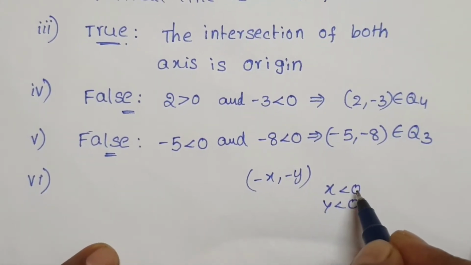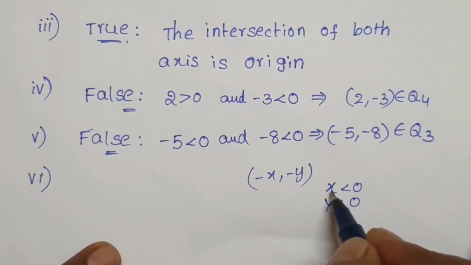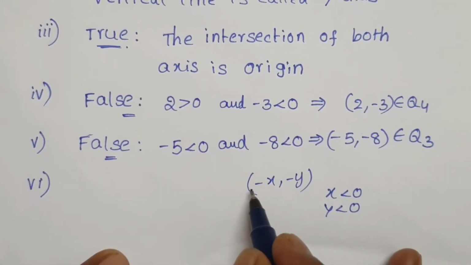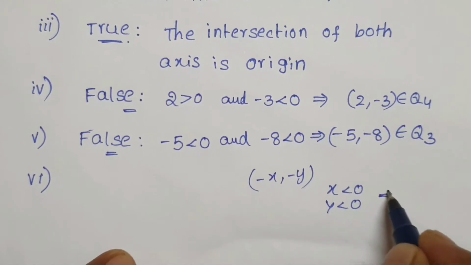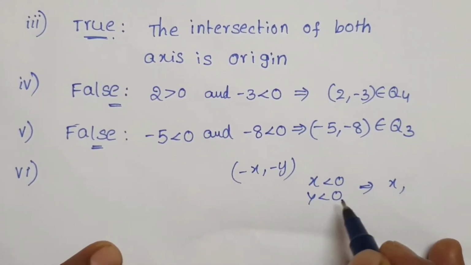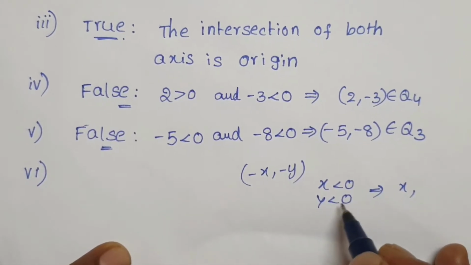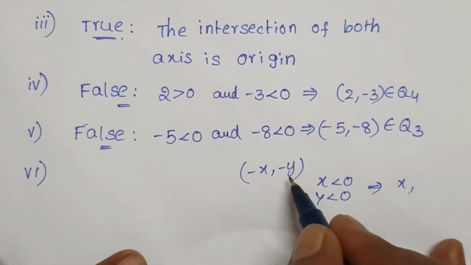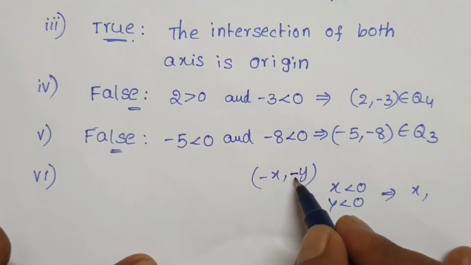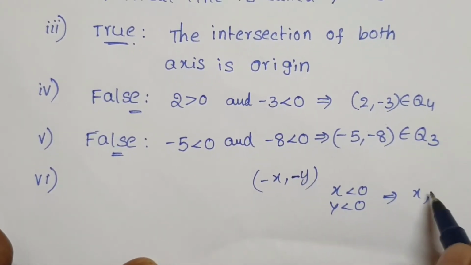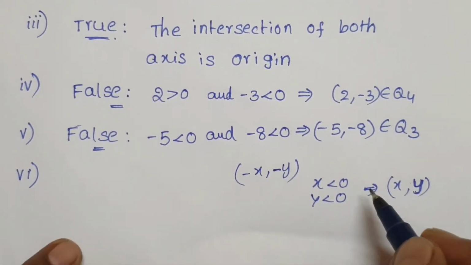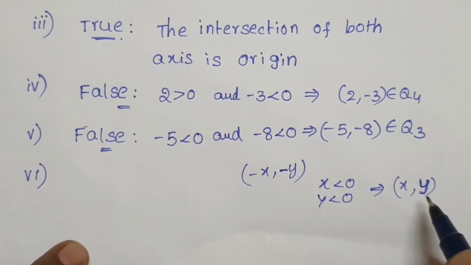X less than 0 means, what about x value? Negative means minus. Here apply that minus. Minus into minus plus means x, and y also y less than 0. Y less than 0 means what about y? Y is negative. Means here already negative will be. Minus into minus plus means both are positive.